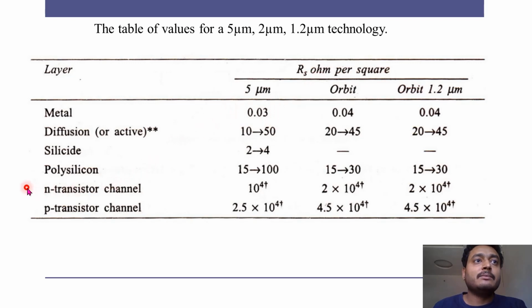Similarly, for the n transistor channel it is 10 to the power of 4 ohms per square, and for the p transistor channel it is 2.5 into 10 to the power of 4 ohms per square. We are going to use this later, and I will show you that. This table shows the sheet resistance values for a particular technology.